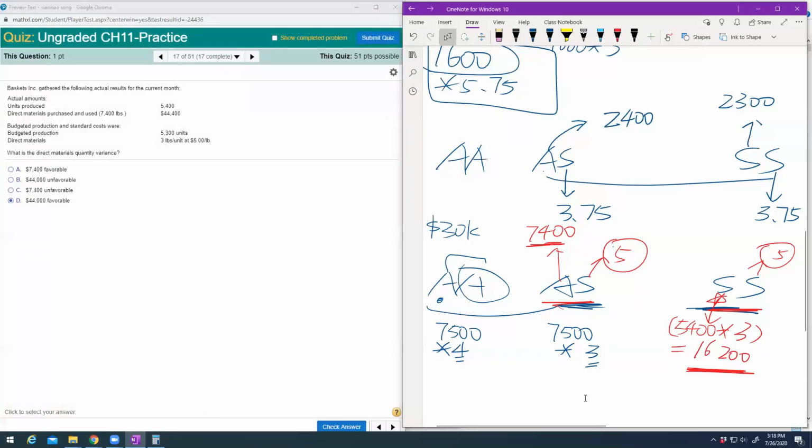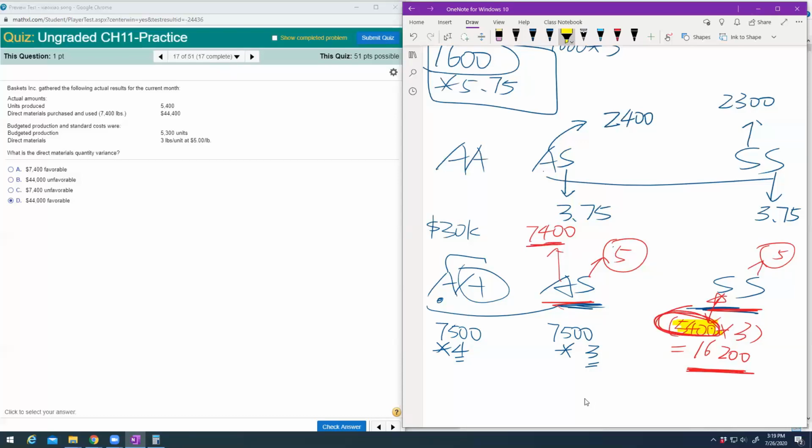One thing I want to point out is when we do our standard, we always use our actual output. Here is very important. Look here: we actually produced 5,400 units, and the budget is to produce 5,300 units.